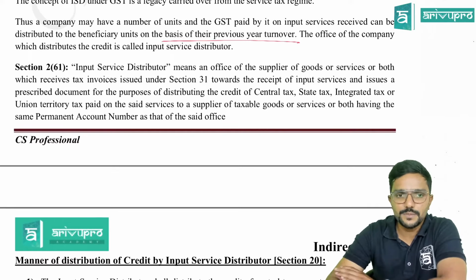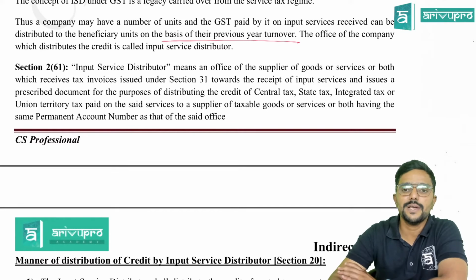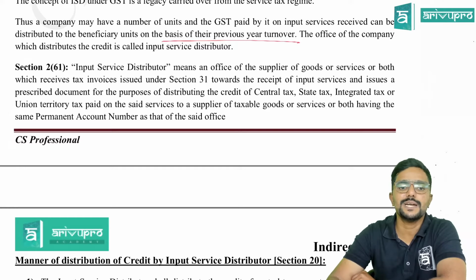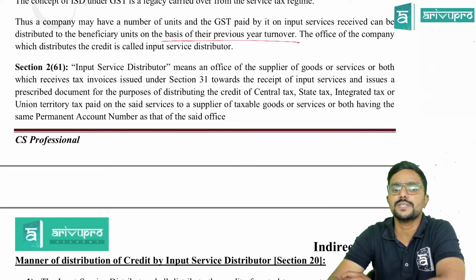Input service distributor means an office of the supplier of goods or services or both, which receives tax invoices under section 31, so the invoice is issued in their name towards the receipt of input services, and issues a prescribed document for the purpose of distributing the credit of central tax, state tax, integrated tax or union territory tax paid on said services to a supplier of taxable goods or services or both, having the same permanent account number as that of the said office.